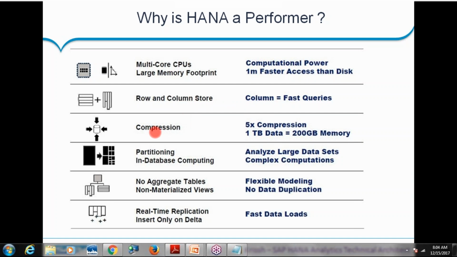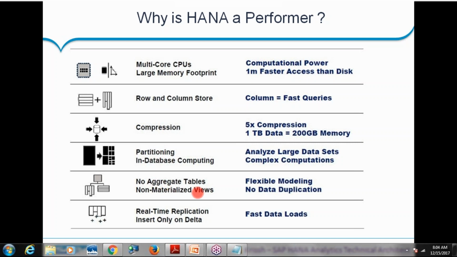And then compression, a 5 times compression rate compared to regular databases, based on the granularity of the data. Then partitioning in database computing, you can partition and then analyze large data components. Aggregations are not required as HANA can handle aggregation and compression internally.